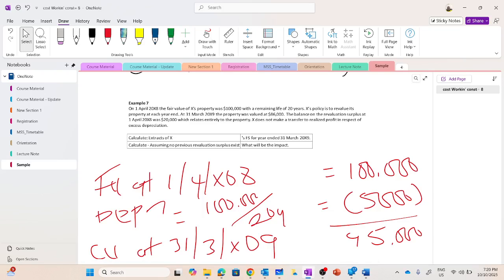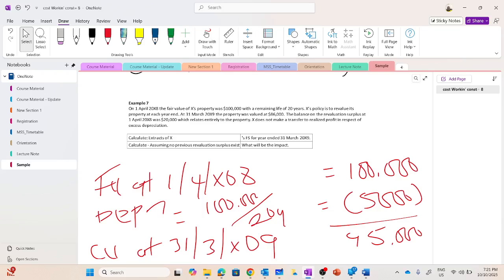The balance of the revaluation surplus at 1st April 20X8 was 20,000. So previously this asset has been revalued, and currently the gain under the revaluation surplus is 20,000.